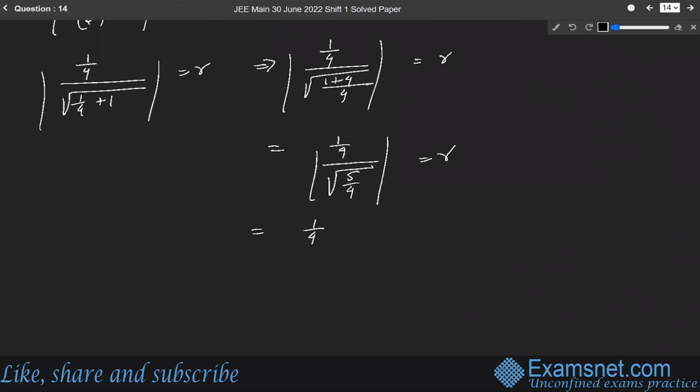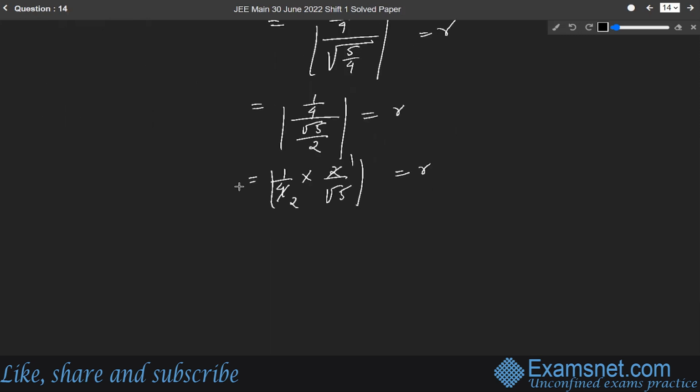So it becomes 1 by 4 divided by root 5 by 2, equal to R. Now this value will be equal to 1 by 4 into 2 by root 5, and this is equal to R. 2 ones are 2 and 2 fours are 8, so the value of R is 1 upon 2 root 5. This is the value of the radius, right?